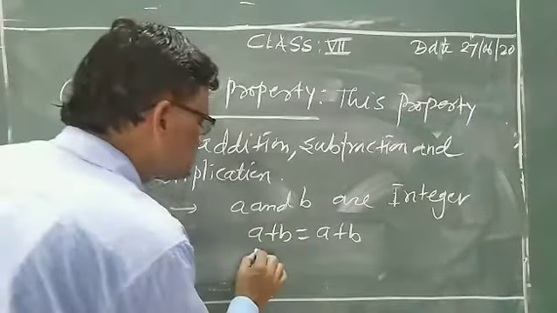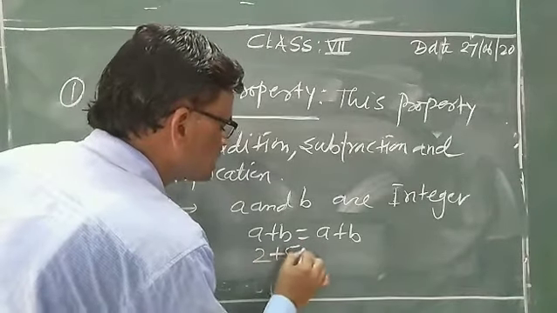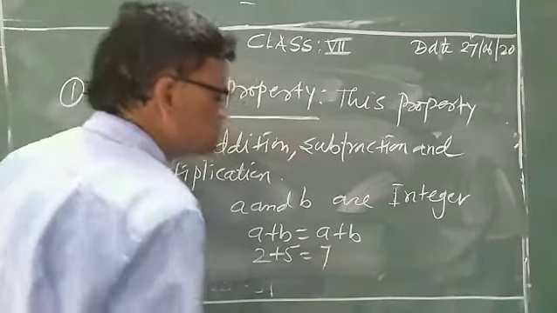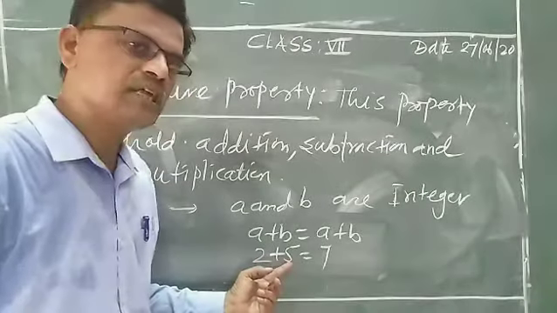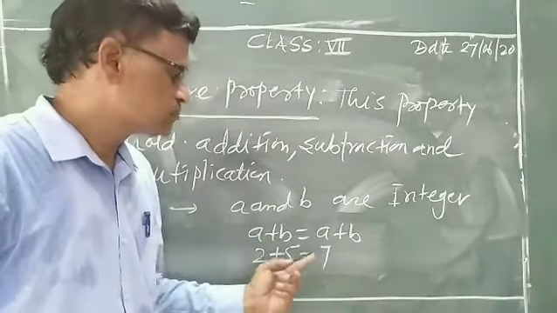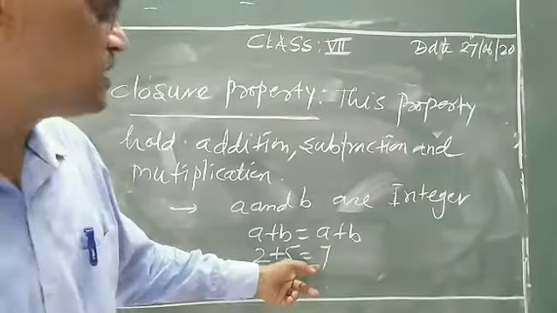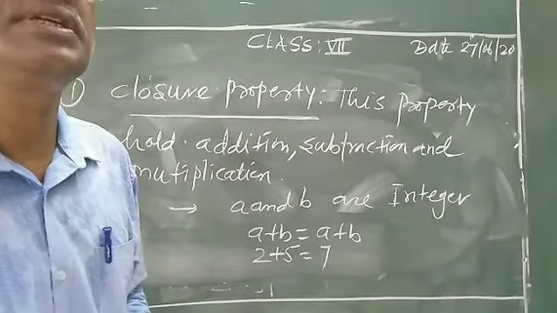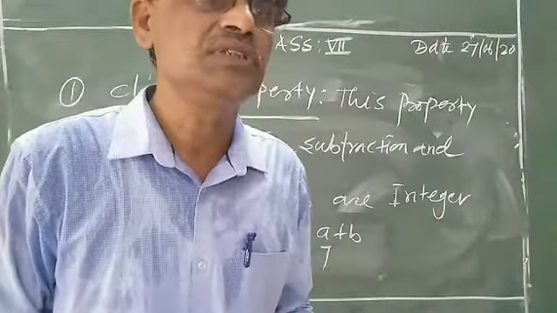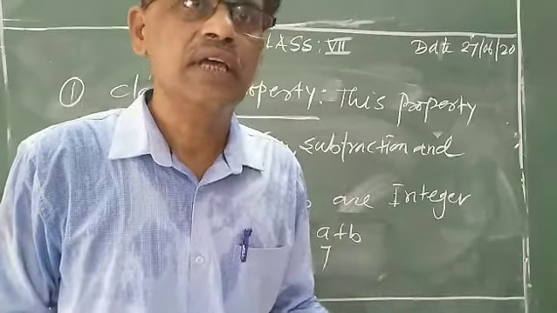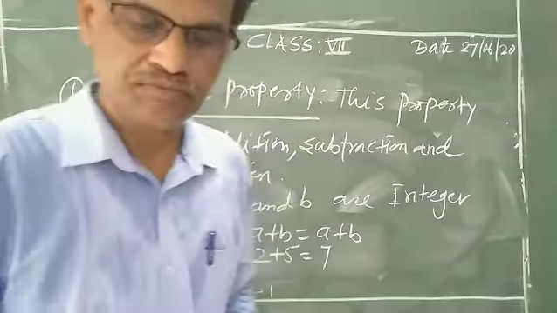When we add 2 plus 5, that is equal to 7. Here 2 is an integer and 5 is an integer, and this 7 is also an integer. When we add two integers, again we get an integer.